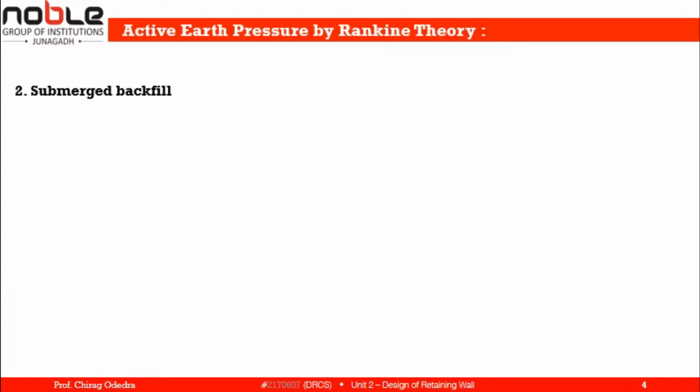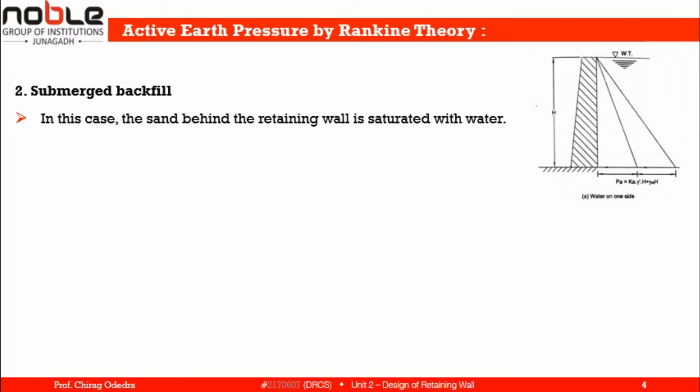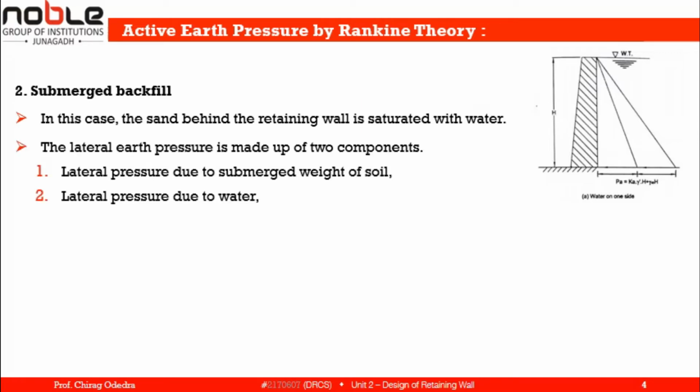Our next case is submerged backfill with no surcharge. This means in this case the sand behind the retaining wall is saturated with water. So the lateral earth pressure is made up of two components, that is lateral earth pressure due to the submerged weight of the soil, and lateral earth pressure due to the water.